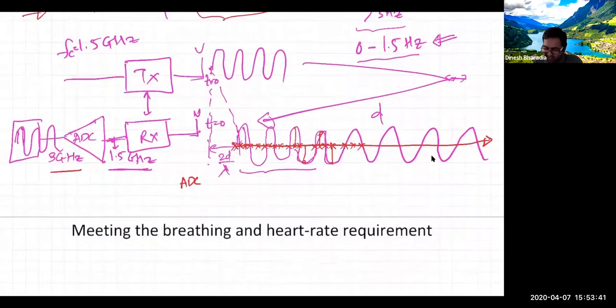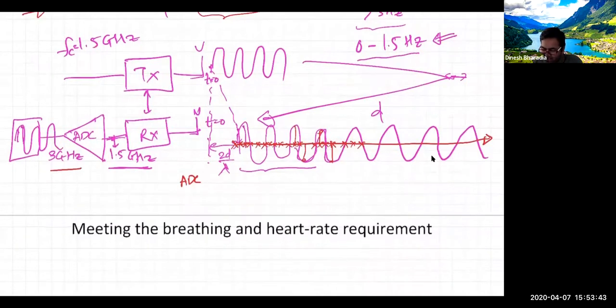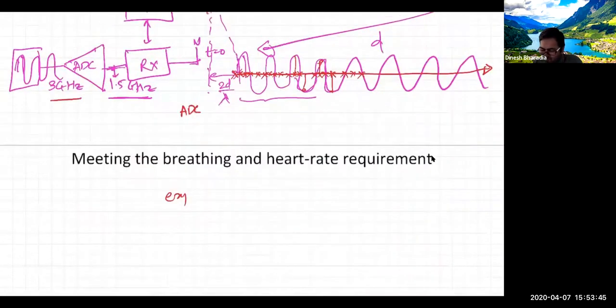This signal is basically after the ADC. Sorry, let me first write down the mathematical model of the signals before. Your transmit signal x of t is exponent of j2 pi fc t.